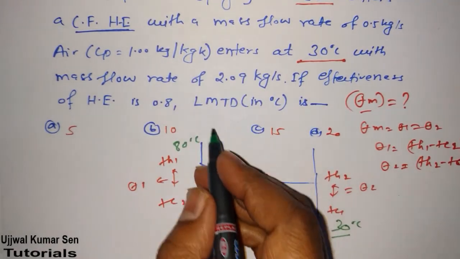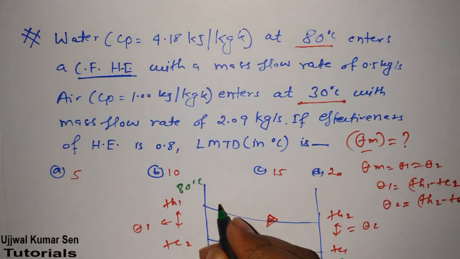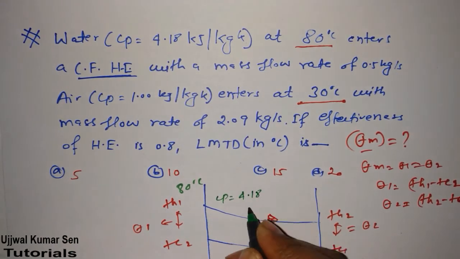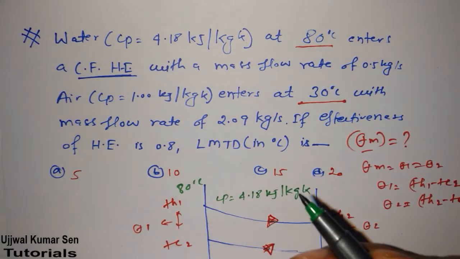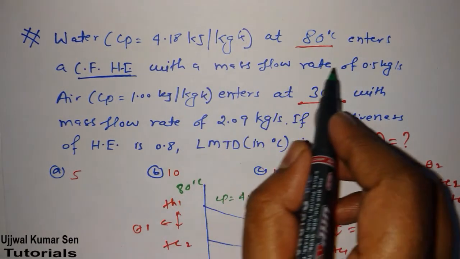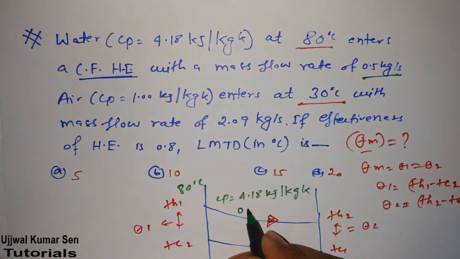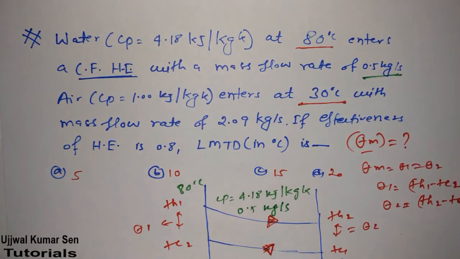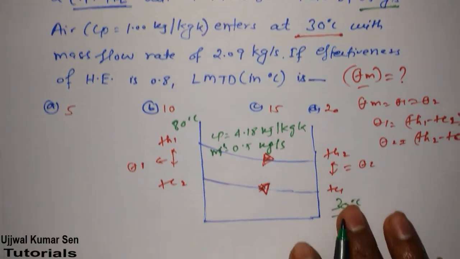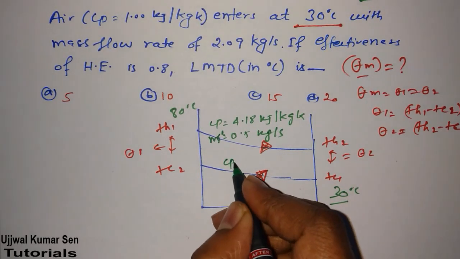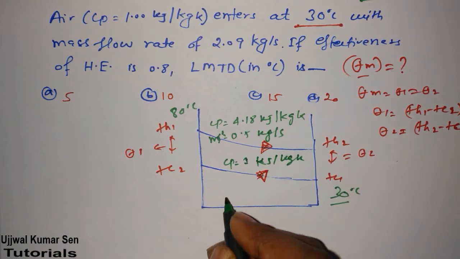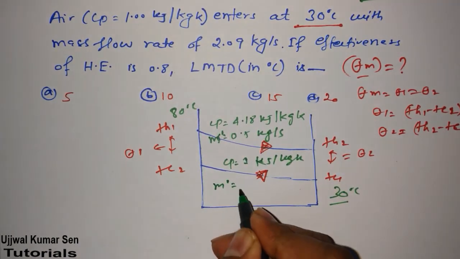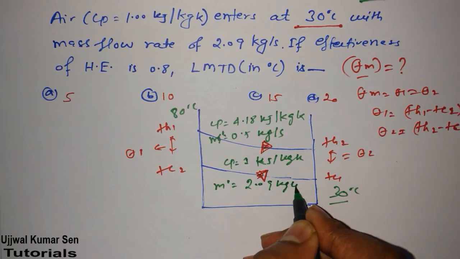We also have some other information: Cp of water is given as 4.18 kilojoule per kg Kelvin, and the mass flow rate of water is 0.5 kg per second. Now let's go for the air. Cp is equal to 1 kilojoule per kg Kelvin, and its mass flow rate is 2.09 kg per second.